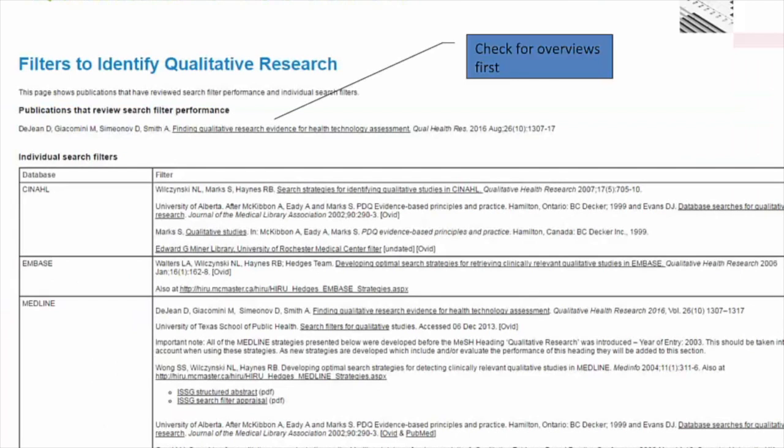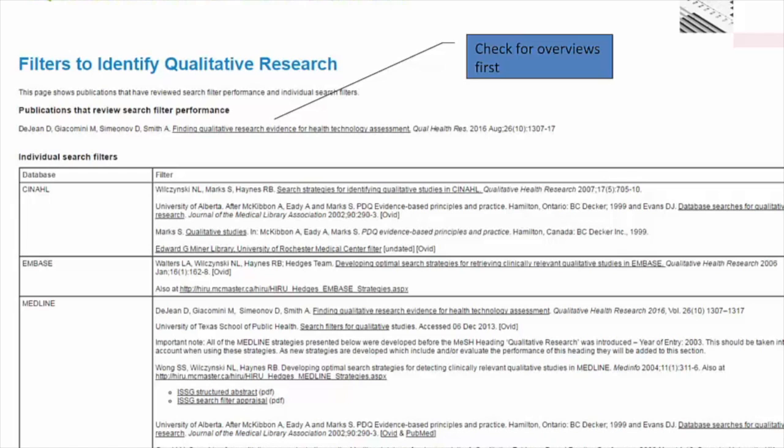This is one of the pages that you could link to. So this is a page listing search filters to identify qualitative research. And the thing I'd like to point you to first of all, I'm not sure if you can see my cursor, but the very first piece of information at the top of this page is a review of search filter performance.